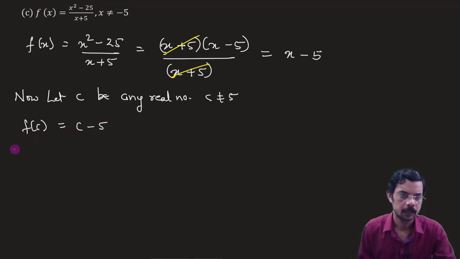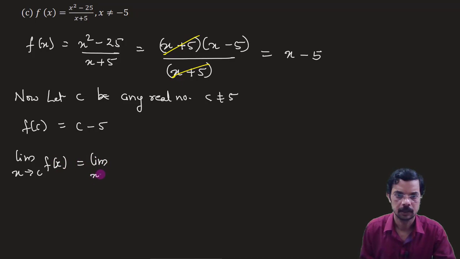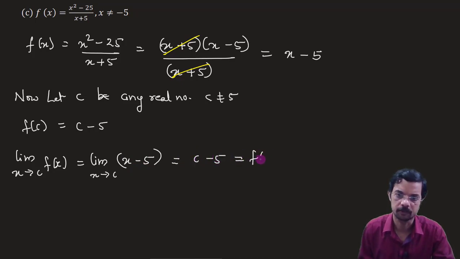Now limit x tends to c of f of x, where f of x was defined as x minus 5, is equal to c minus 5, which is equal to f of c from the first equation.